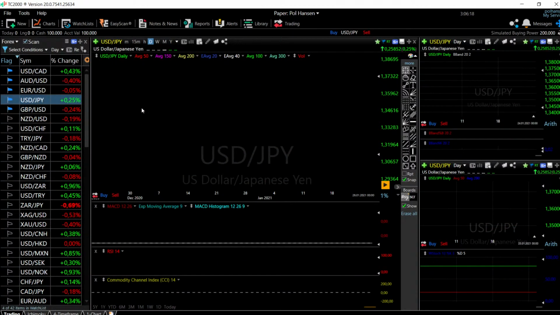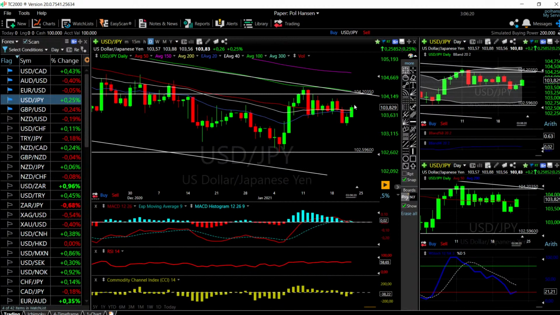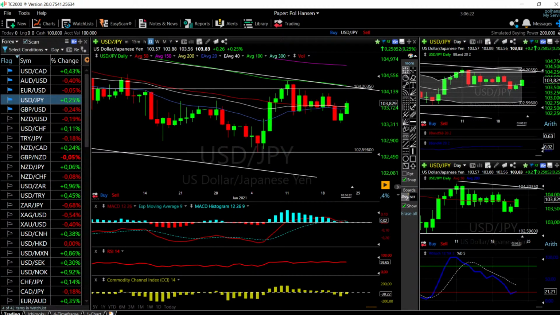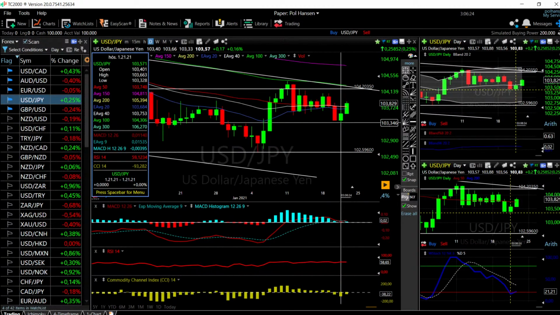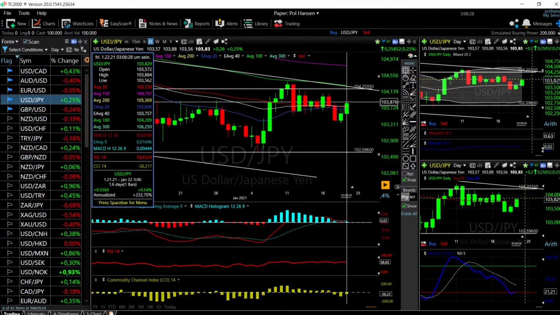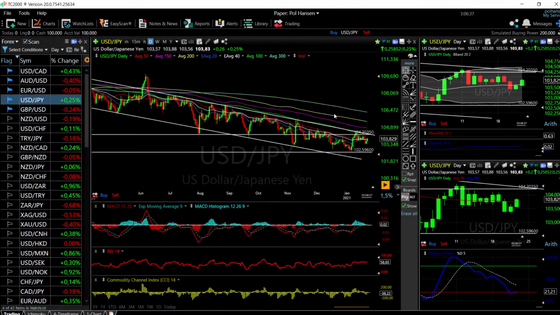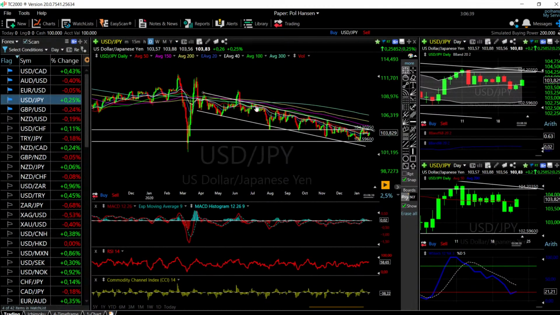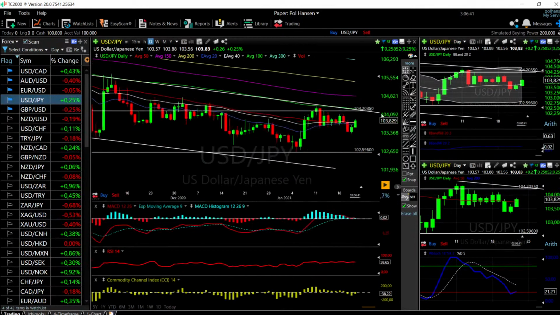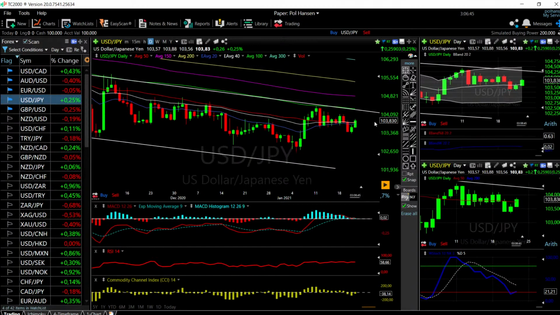So let's look at the US dollar yen, and as you can see, we have rallied quite significantly. We found support here at 300.346, rallied all the way up roughly 0.54%, and at this point, we could go higher, but we are in a downtrend. We are in a channel that is trending downwards, and I can get rid of this because this was our old trade.